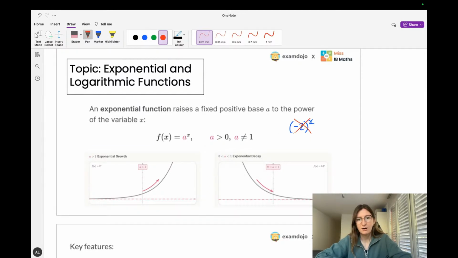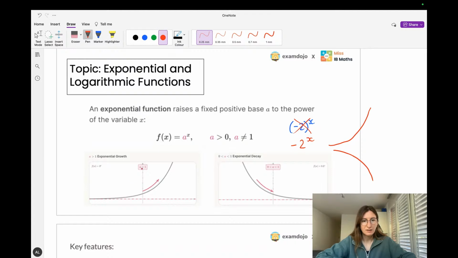What I can have, though, so let's put a line through that. So can't have that, but what I can have is negative 2 to the power of x. See that my base is still a positive number 2, I've just reflected it. So instead of going like this, it's going to go like that. It's being reflected, not to be confused with exponential decay, which is when I have a value of a that is between 0 and 1.